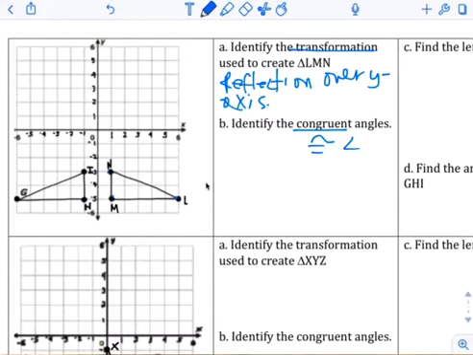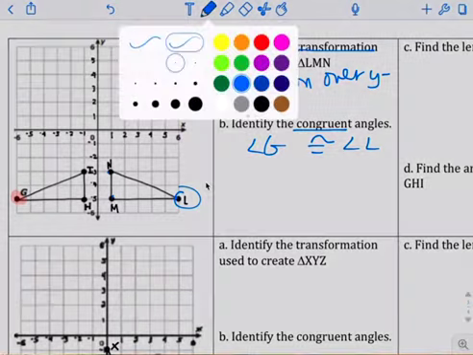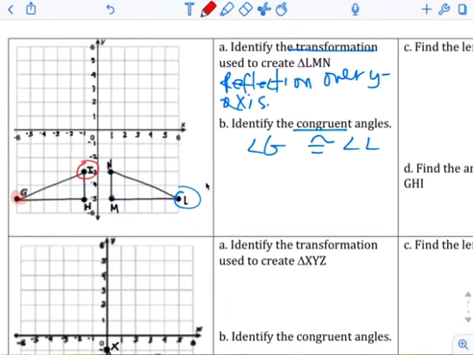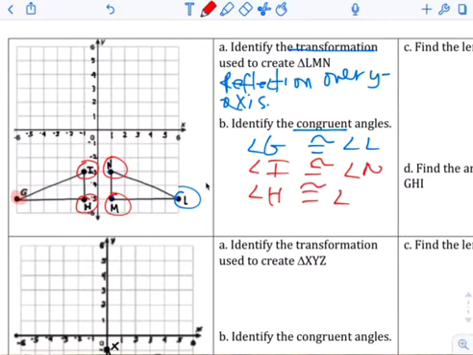Okay, let's write the congruent angles. Let's start with one of the angles. Angle G is congruent to angle L. Angle I is congruent to angle N. Angle H is congruent to angle M.